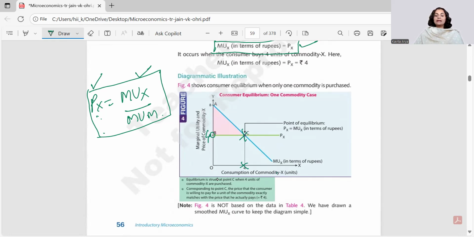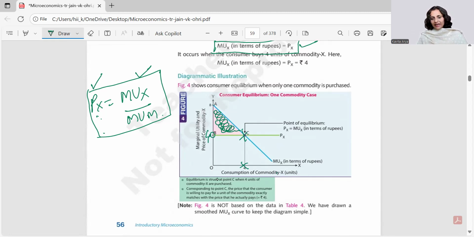Right. Now, let's understand this table. There is one more point you must note. This area is called consumer surplus. And what is consumer surplus? In some books it's given, though it's mostly asked in your undergraduate classes. Consumer surplus means the difference between what a consumer is willing to pay and what he actually pays.